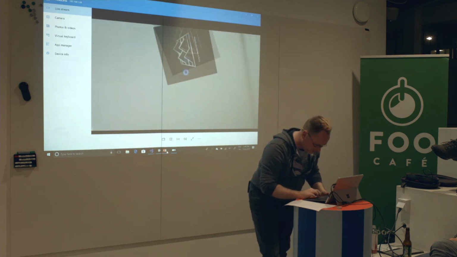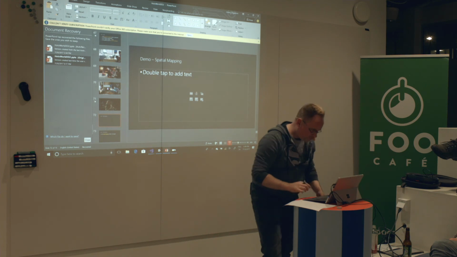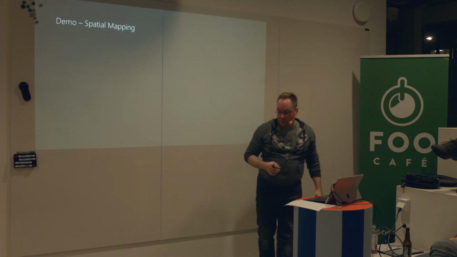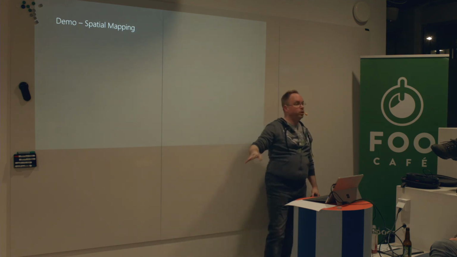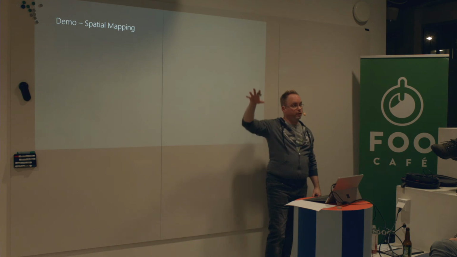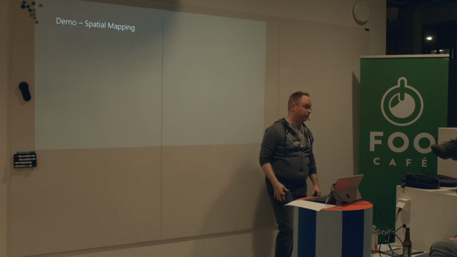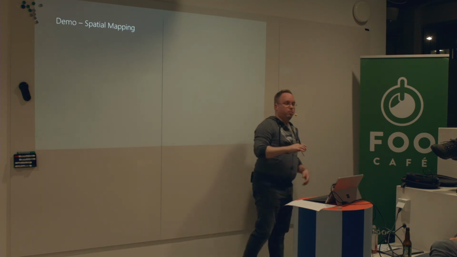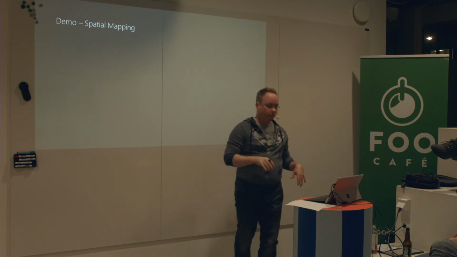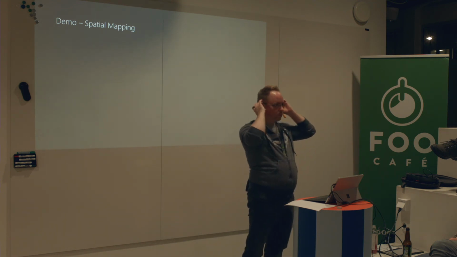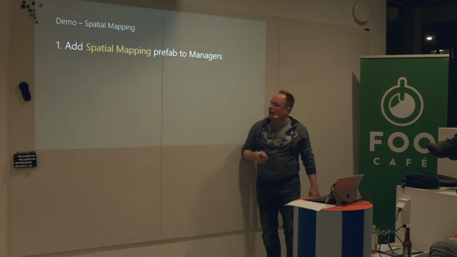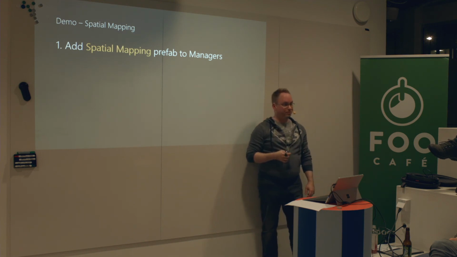All right, so the spatial mapping is finding the floor, putting up a collider so that the cube is actually going to hit it and stay there. No, the plane. I removed the plane. Yeah, all right. We added the spatial mapping prefab to managers. That's all we did.